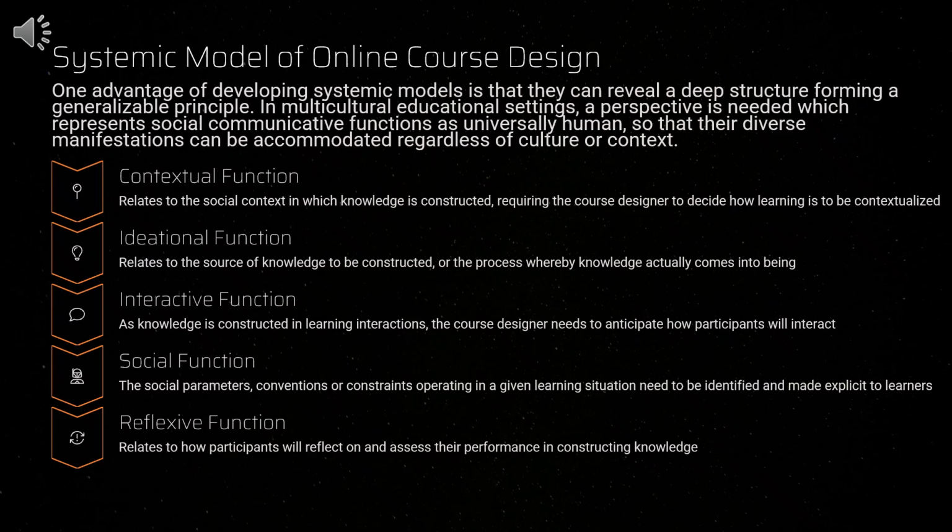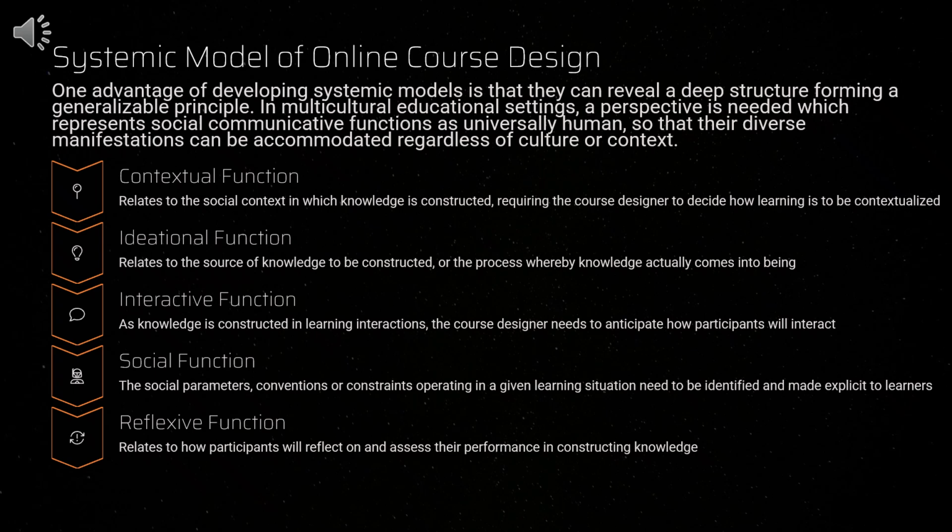How does one brief AI agents and agentic AI with human understanding and judgment? Our solution was to use a systemic model of online course design to input human experience and judgment into the digital applications developed.